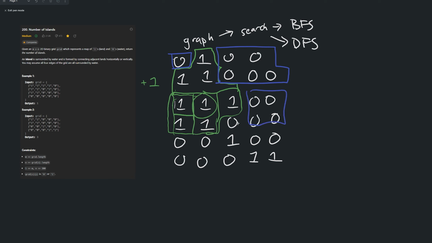But as soon as we find a 1, we could be like, oh, let's see all the ones that are connected to this 1. And here there just happens to be this 1, right? But down here, we would know that all the ones that are connected to this one or this one, doesn't matter, they're all connected. And we would know that we have 3 islands.